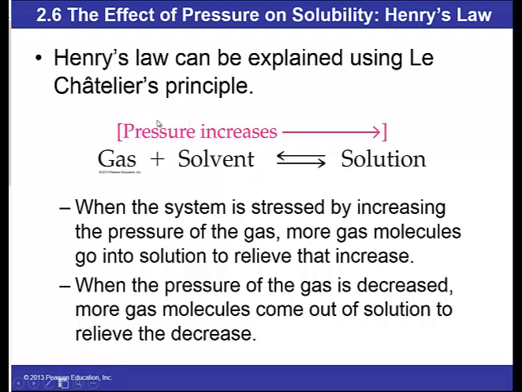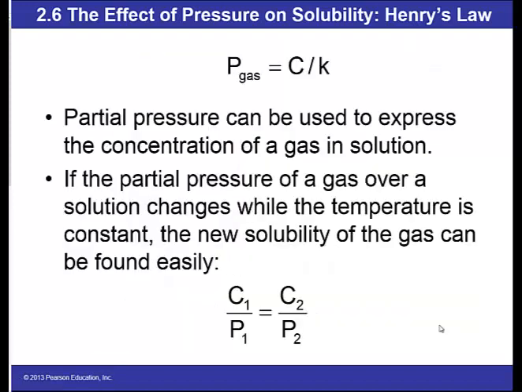And so if you increase this, it will push your reaction towards the opposite side, towards the solution side. So when the system is stressed by increasing the pressure of the gas, more gas molecules are going to go into solution to relieve that increase in the pressure. When the pressure of gas is decreased, more gas molecules come out of solution and the reaction will go in the reverse direction.